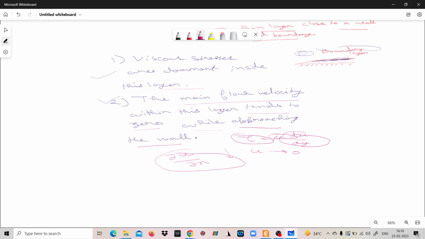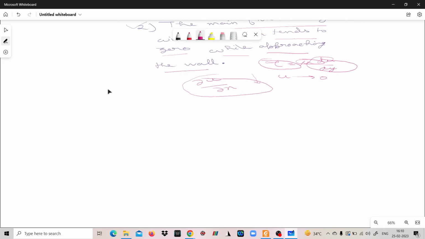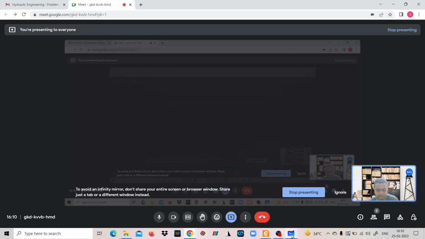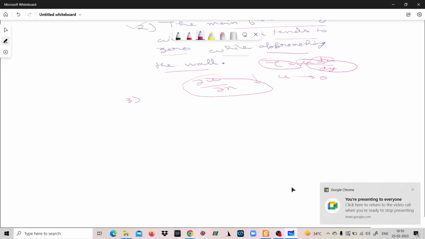And then what is the third important property? The third important property is that, let us consider the flow over a flat plate, and say a boundary layer has formed.